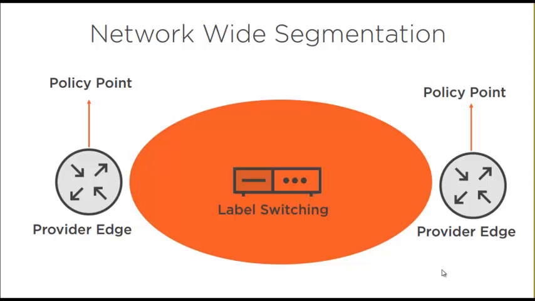So MPLS based VPNs are also a very nice example for segmentation, where we write segmentation policy at the edge of the provider network. So this enables a better segmentation which overcomes the hop by hop configuration.